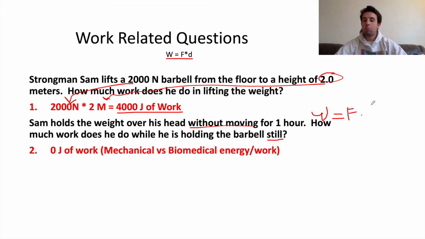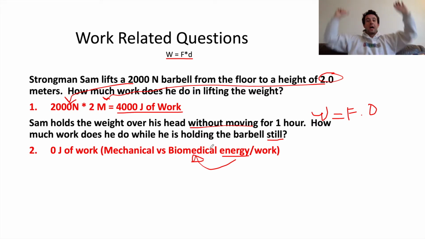Now, Sam would still expend energy holding the barbell up. He would still get tired, but that also doesn't mean that he's doing mechanical work. Instead, what's happening here is you kind of jump down a rabbit hole where it comes to biomedical stuff. As Sam is holding the barbell up in the air, his muscles want to fall down.